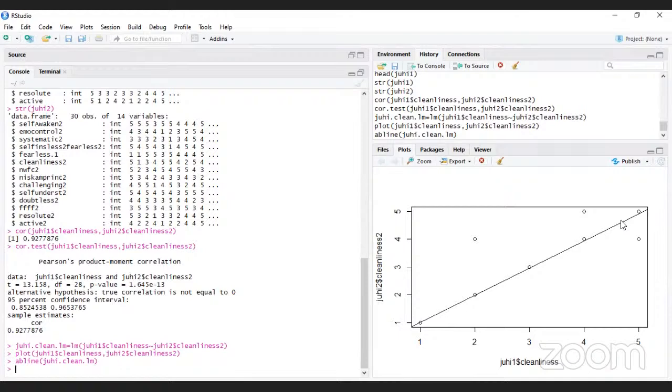But the least square level is very low in the case of this variable, because they are on the best fit line. Okay. But particularly this variable is far away from the best fit line. Is it clear or any question? Yes, sir.